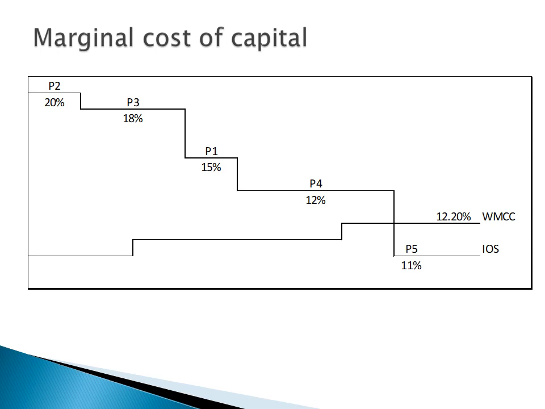But as soon as we move to project 5, it is below the weighted marginal cost of capital, and therefore project 5 should not be engaged. But all the other projects are lucrative and profitable, and they are available to be taken up.